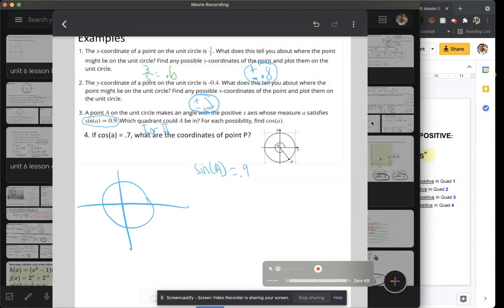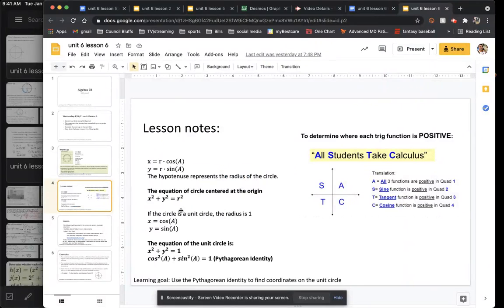I know with a unit circle, sine goes with y. So this is really telling me that the y value is 0.9. So I'm literally going to do the exact same thing I did before, because by using the Pythagorean theorem, I'm going to figure out the x value, and I know that the x goes with cosine.